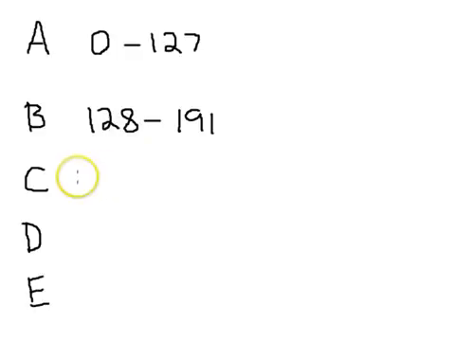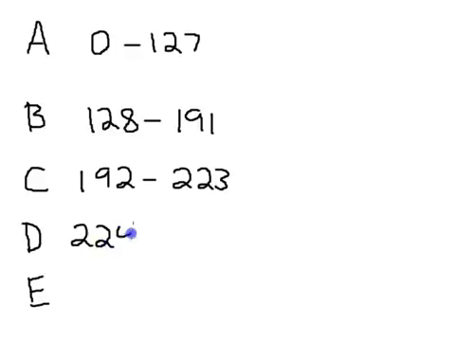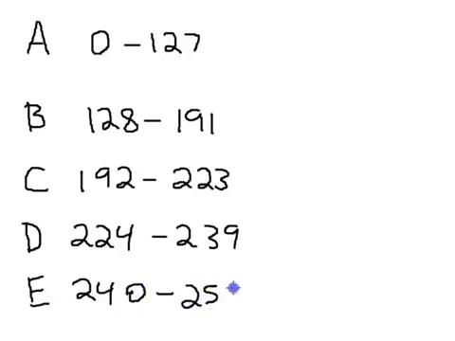Class C is for 192 through 223. In class D, it's 224 through 239. And the last class, class E, goes from 240 all the way to 255. Now this is the first octet of the IP address.